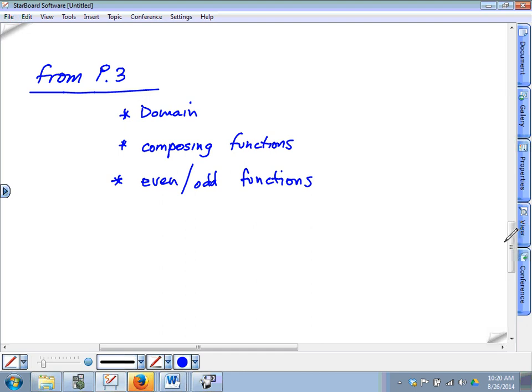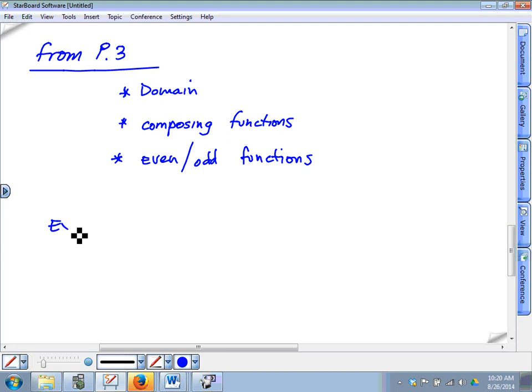So, what are some easy ones here? All right, here's an easy one. Find the domain. Here's example 4. Well, okay, maybe not so easy. I don't know. You be the judge.